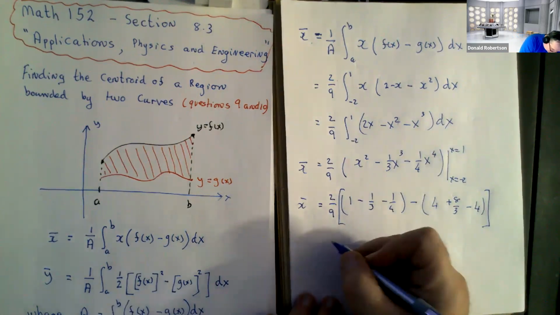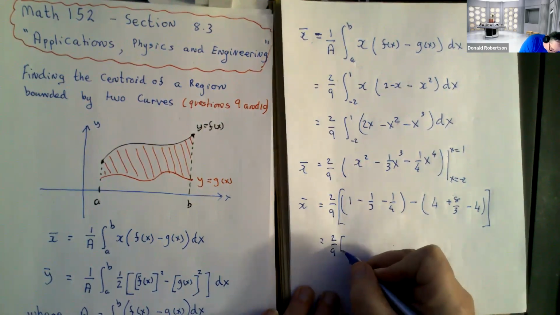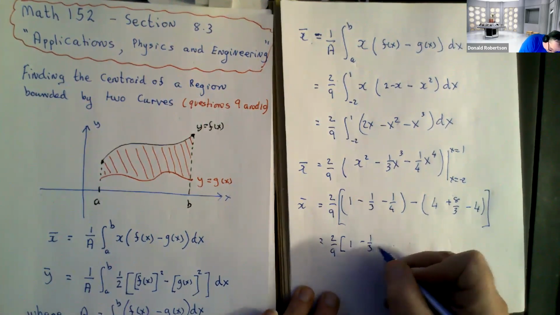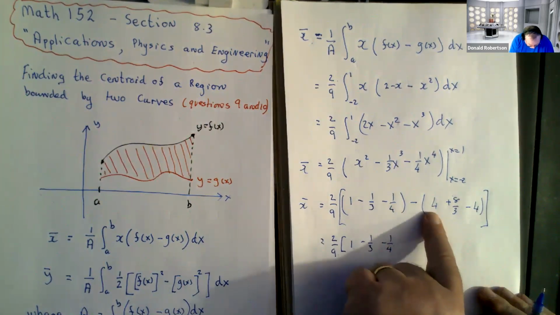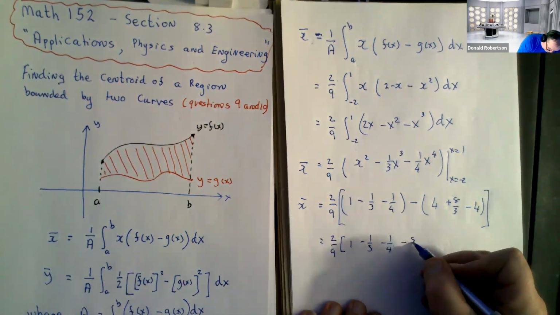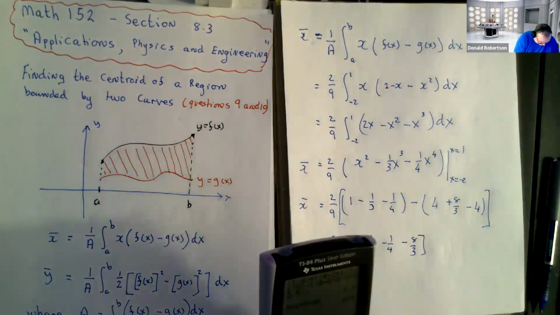And well, actually, I think I can do a little bit more. These two kill each other off, so all you're basically doing is subtracting what's left, which is 8/3. Right, now I can do it on the calculator.